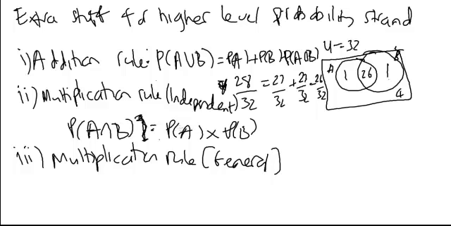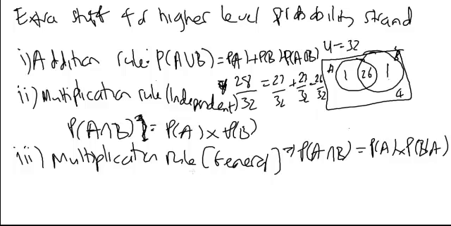So here the probability of both A and B is equal to the probability of A multiplied by the conditional probability, the probability of B given A. Now this is the general case, so let's apply it to this example.